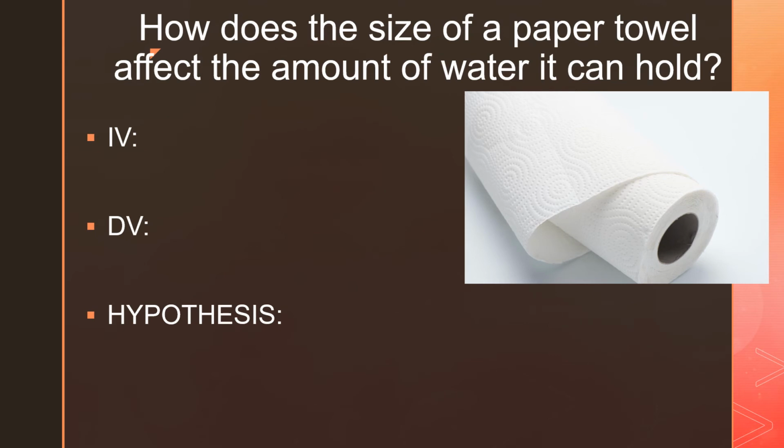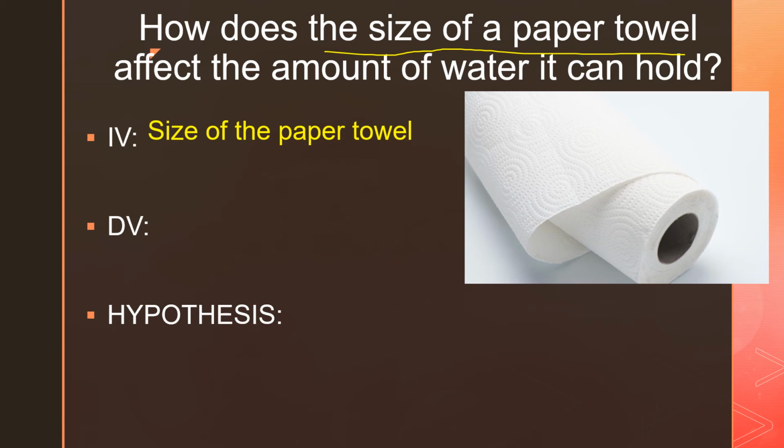All right, next one. How does the size of a paper towel affect the amount of water it can hold? And for those of you that are science savvy, you're going, aha, is this surface area and absorbency all put together? All right, so what are we changing on purpose? Well, that's going to be the size of the paper towel, whether it's the half size, the full size, or maybe the extra wide size.